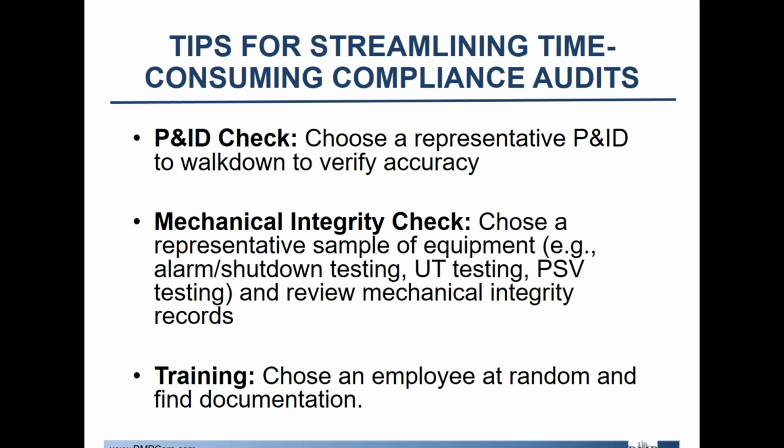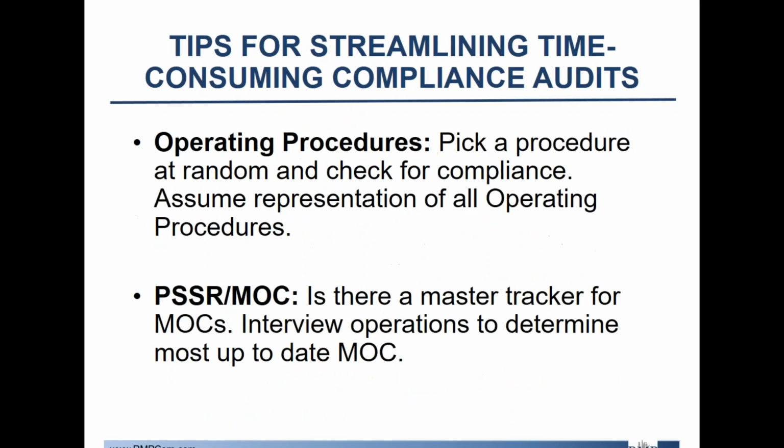Training, you choose an employee at random and you check their training records and make sure, now the important thing here is to make sure that there have been methods to verify that training has been effective. So any quiz that you use, any kind of questionnaire, it's important that you retain records for those.